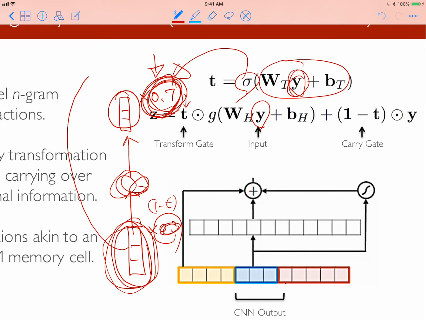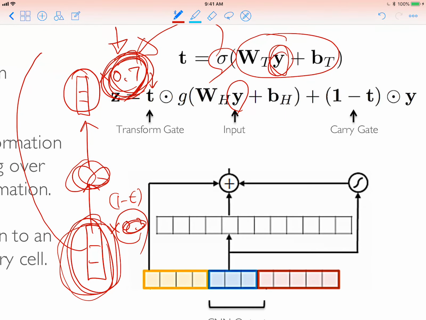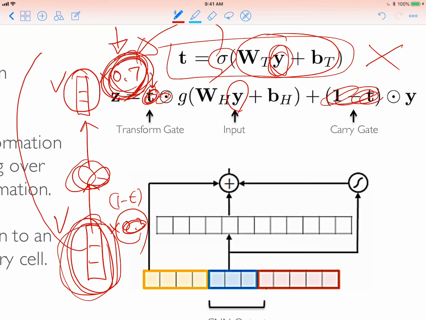So there is one constraint: the input and output vectors should be added together with a certain weight, and thus these two vectors should have the same dimensions. Compared to this highway network, if we think of the residual network, this part is completely gone, and this part is just one, and this part is just one.